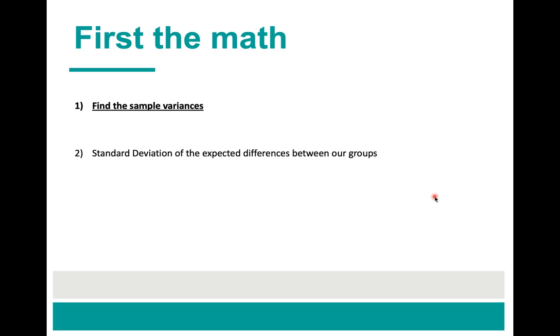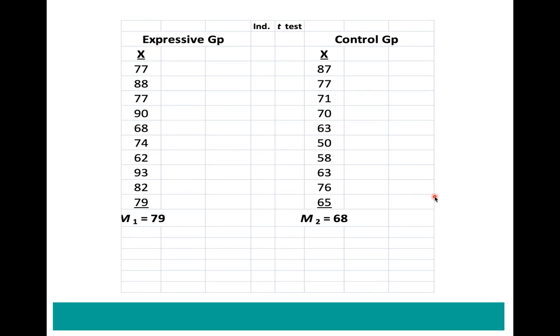So let's start with the math. Let's find our sample variances. Let's imagine that we collected our data. We have 10 each of expressive writers, and then our control group are non-expressive writers.